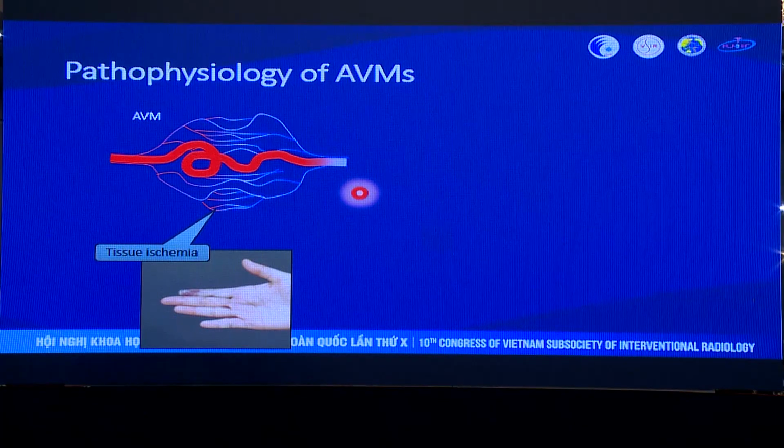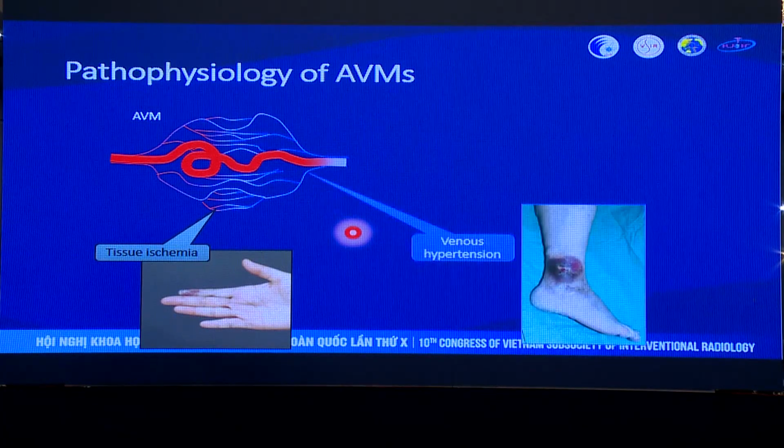Another important symptom is venous hypertension. It's like cortical venous reflux in intracranial AVM. The venous pressure can increase because the direct arterialized pressure affects the vein side.